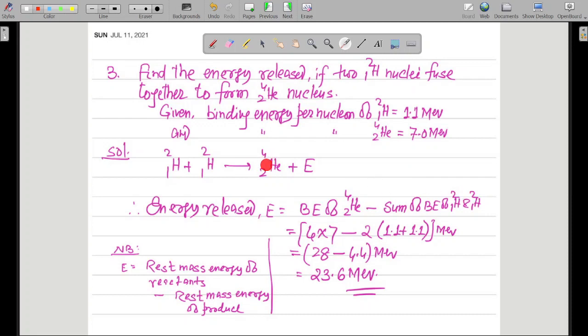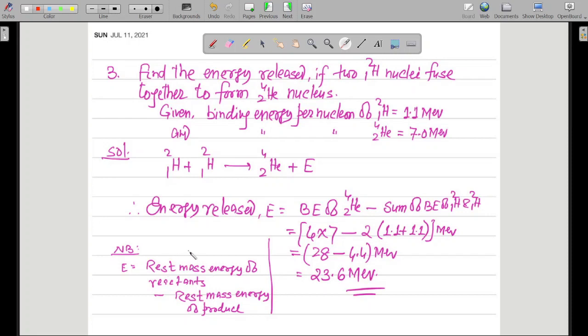Binding energy of product is binding energy of He24, and the sum of binding energies of these two nuclei, the two deuterium nuclei, is subtracted from it. You substitute the values and you finally get energy released to be equal to 23.6 mega electron volt.